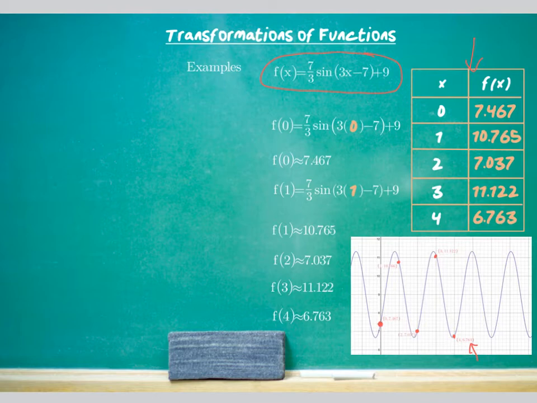But let's just say that this is time 0. At time 0, there's something that's at a height of 7.467. At time 1, so let's say 1 minute later, it goes all the way up to a height of a little above 10, 10.765, and then it comes down and comes back up, and after 2 minutes, it's at 7.037.